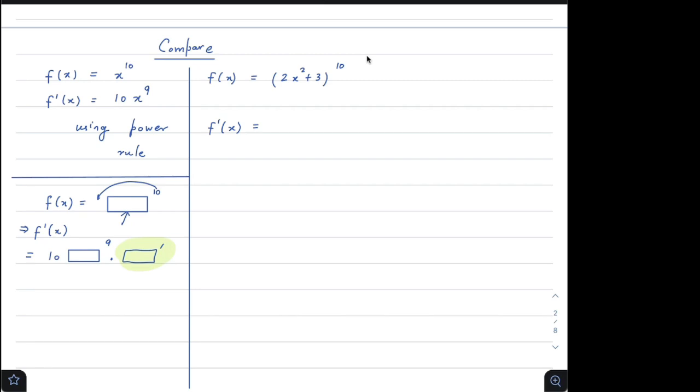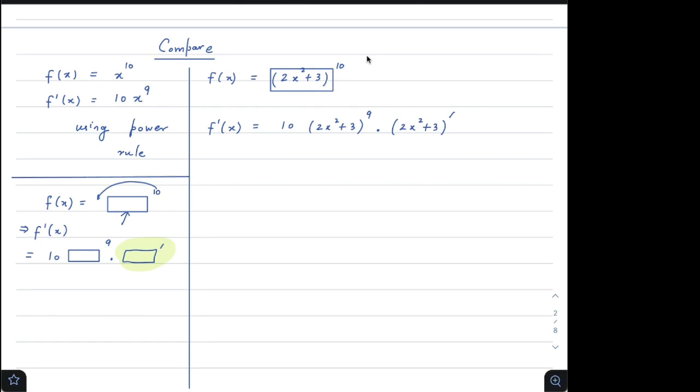All right. Let's take an example to understand that. The function here looks like box to the power 10. So the derivative will be 10 times the box to the power 10 minus 1 times the derivative of this box.